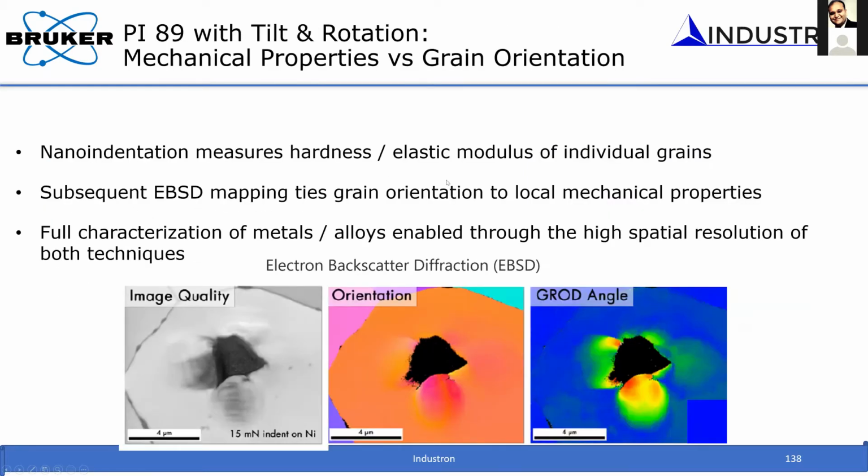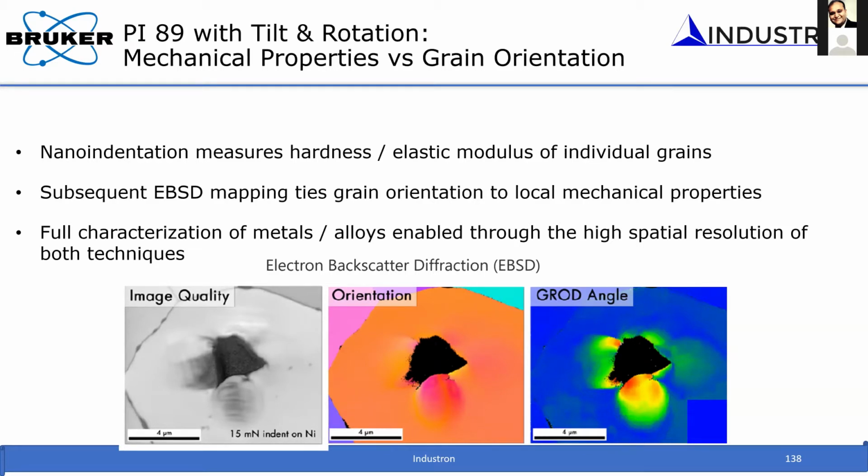Okay, so now one example that I mentioned is to understand the grain orientation. In this particular case, nanoindentation is used to measure the hardness and elastic modulus of individual grains. You can see the grain here, and you can also orient the tip. For example, if you use a Knoop indenter or a Berkovich indenter, rotation of this indenter tip will change the crystallographic orientation response.